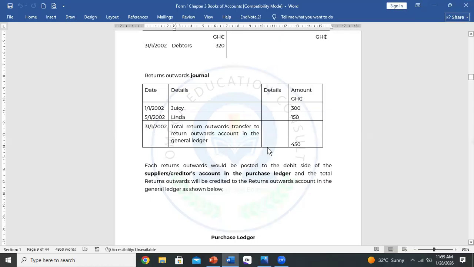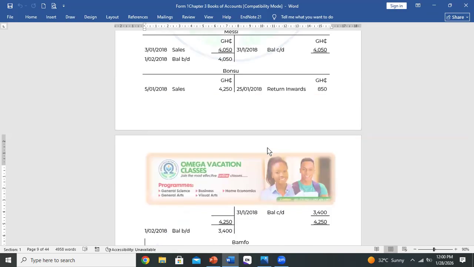Sir, please. Since we are always... Please take it again. We didn't hear you. After we've done everything for the sales ledger and the purchase ledger, we then have to record it into the general ledger.